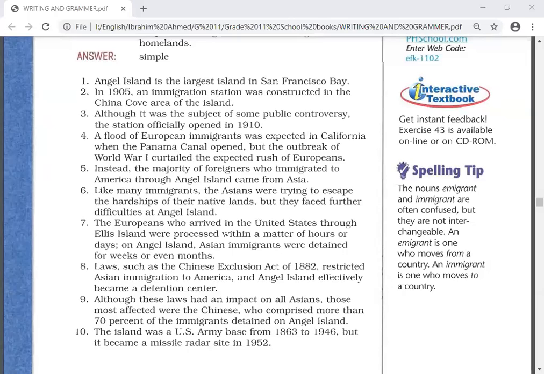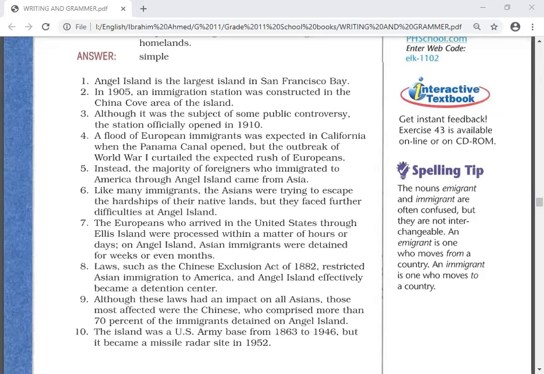Tadrus, we have "like many immigrants, the Asians were..." If you rephrase the sentence, the Asians were trying to escape the hardships of their native lands like many immigrants. This is the independent clause, but they faced further difficulties at Angel Island. So it's just compound.